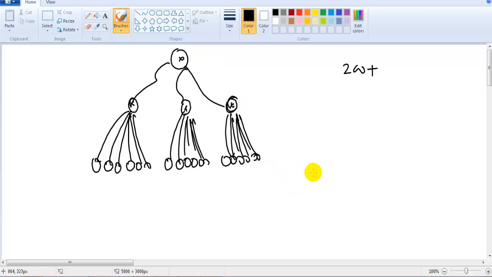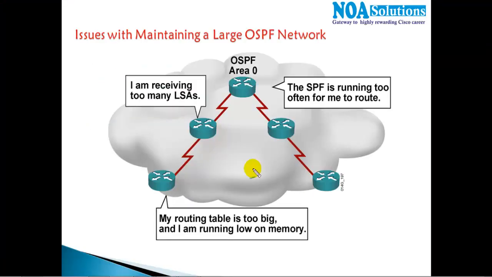My routing table and my database table are too big, and I don't have enough resources to process them. If your router does not have enough resources, it can reboot most of the time, or it can go down, and in that case communication will not happen. We don't want this kind of issue.